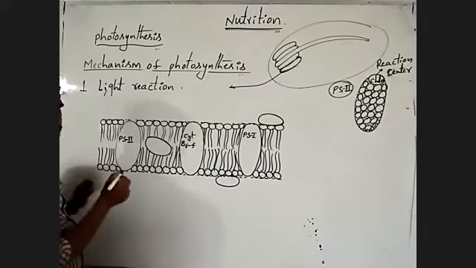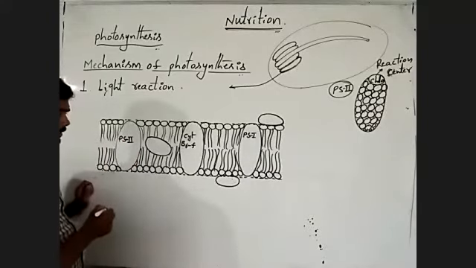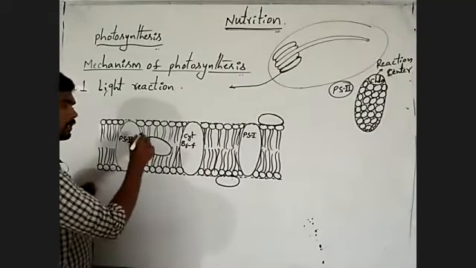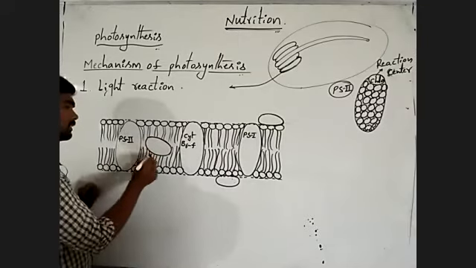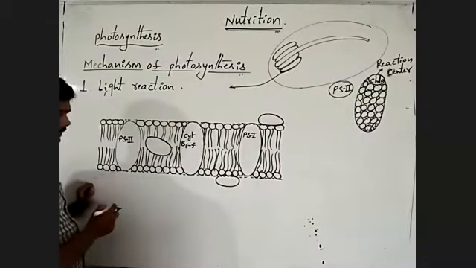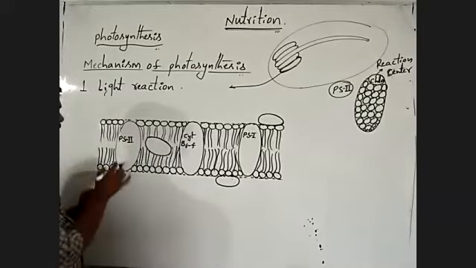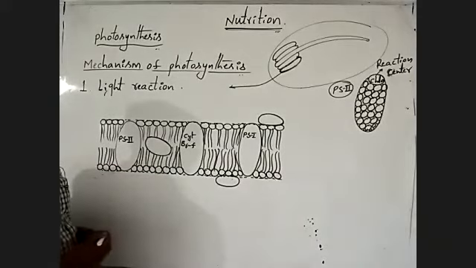This total is collectively called a photosystem. Understanding? It is a system, where different pigment molecules and membrane proteins are present.